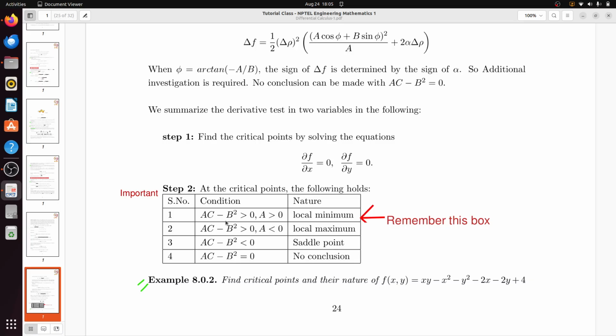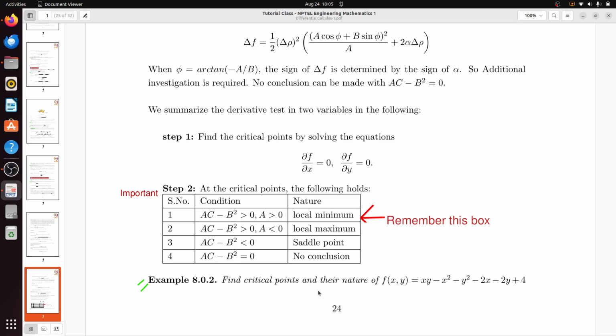If AC minus B square is greater than 0 but A is less than 0, then it will be a local maximum. If AC minus B square is less than 0, then it is a saddle point. And if AC minus B square is equal to 0, then no conclusion can be drawn, and you need to apply a different procedure. So is it clear?